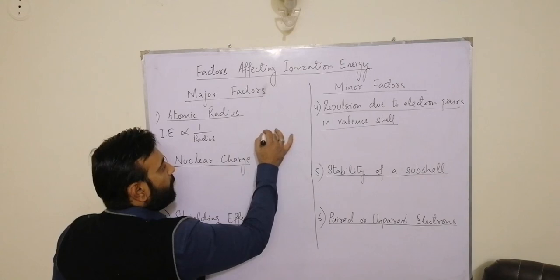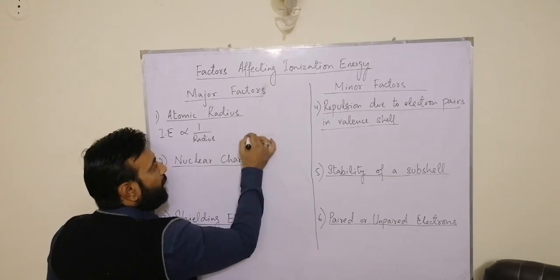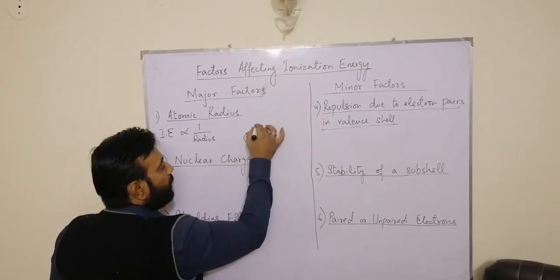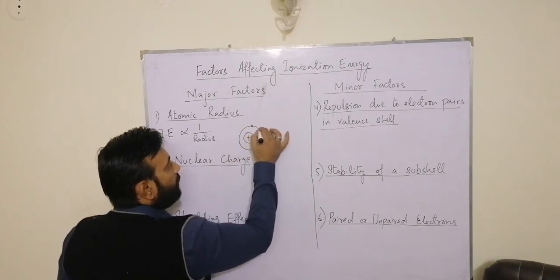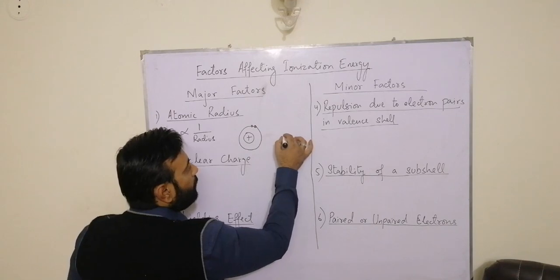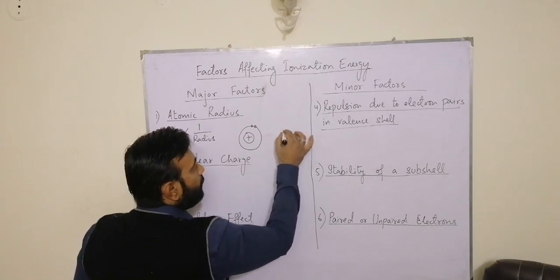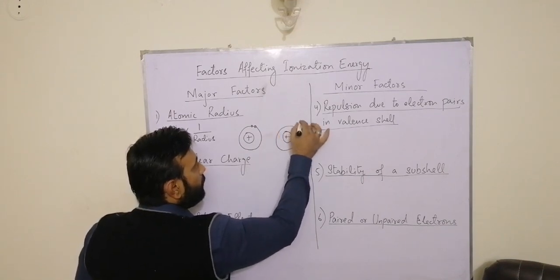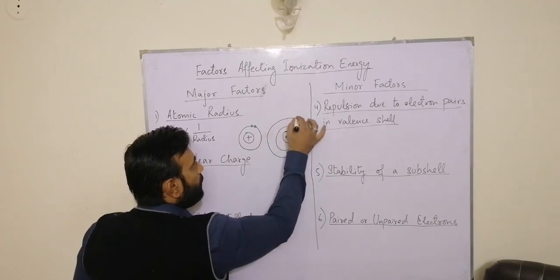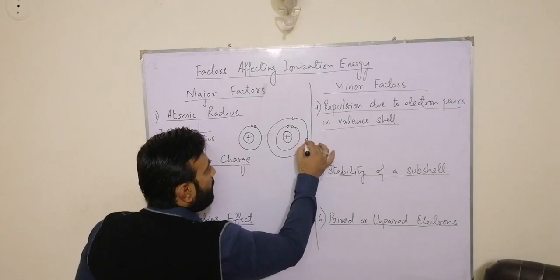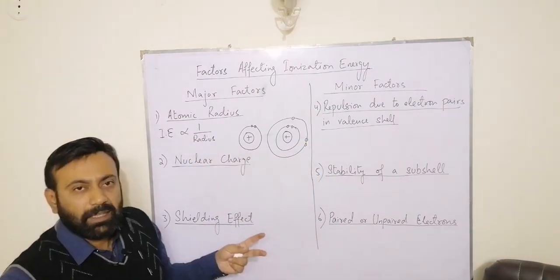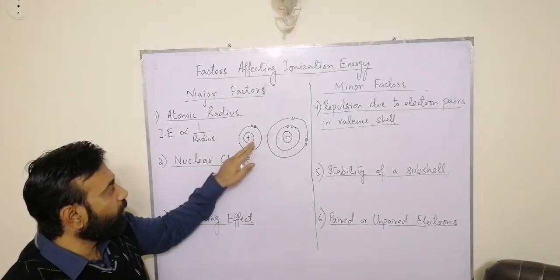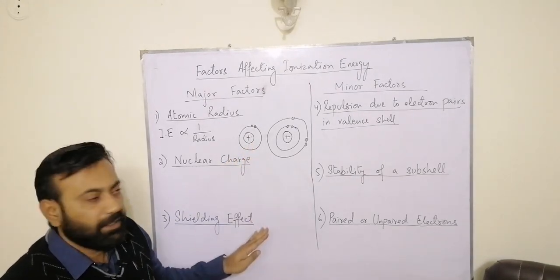See, if there are 2 atoms, these are 2 atoms. The first one has only first shell. Its electrons are present only in the first shell.